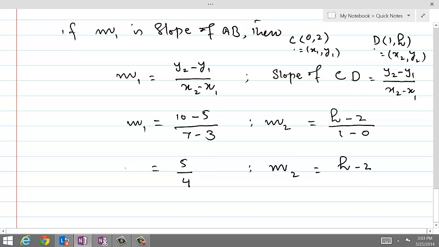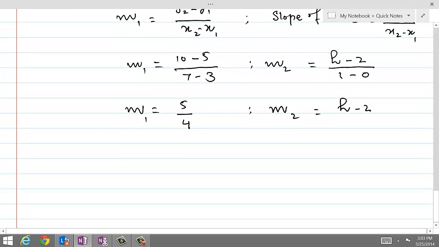Now it is given in the question that the line through AB and the line through CD are parallel. If they are parallel, then slopes must be equal.